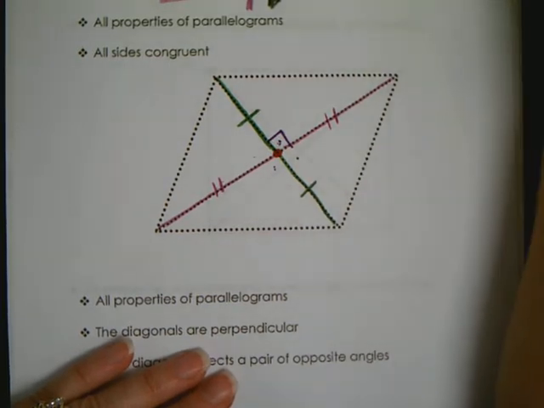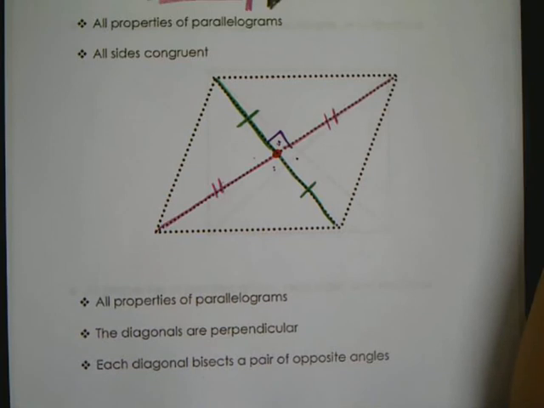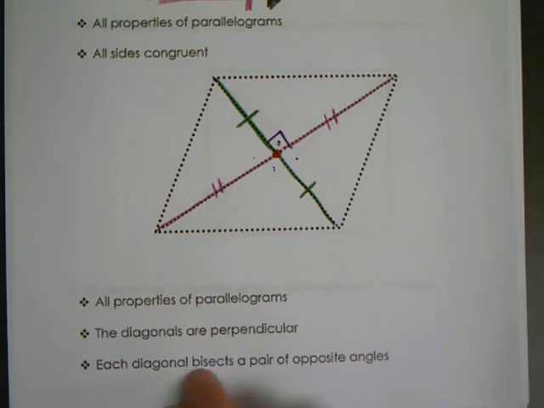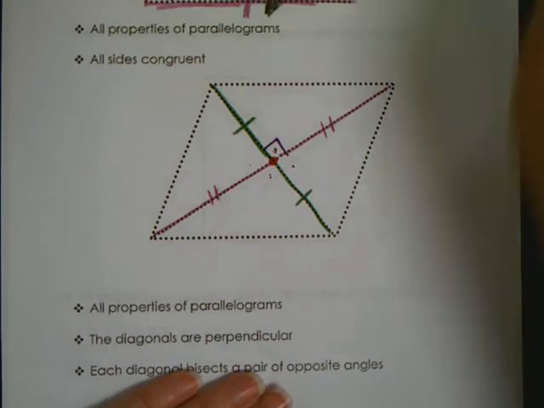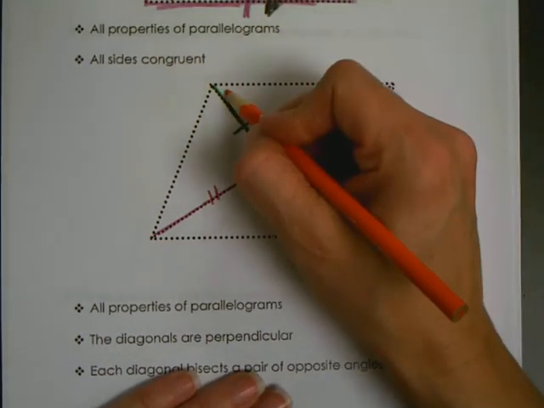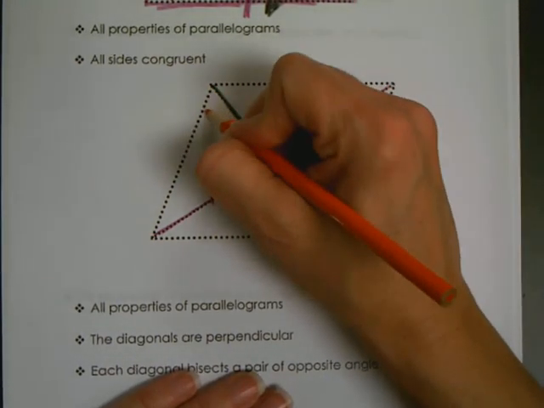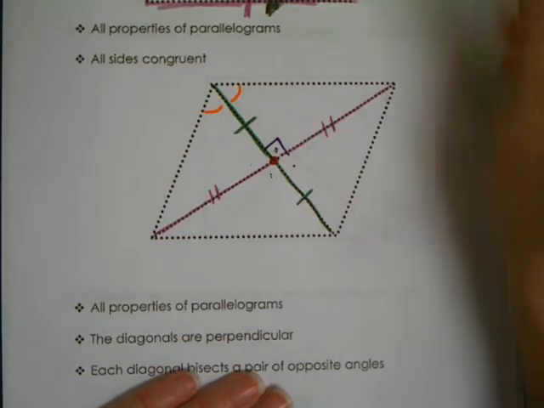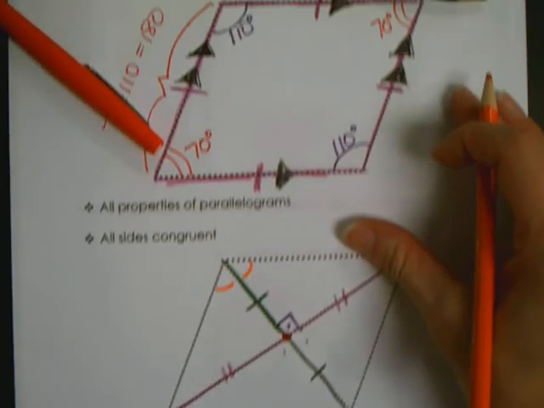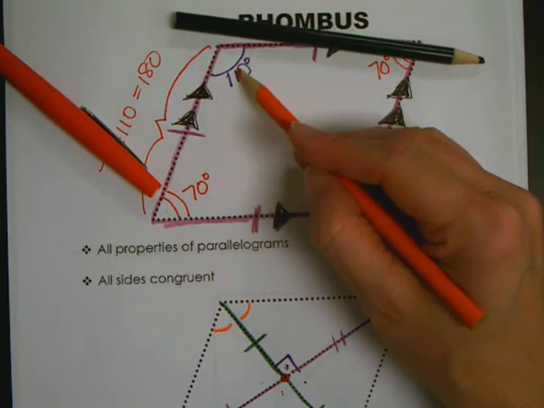Now, let's see. We need to show this little step here that each diagonal bisects a pair of opposite angles. All right. So I'm going to use orange. So this big obtuse angle is split into two congruent angles. Well, up here I said that that angle was 110 degrees.